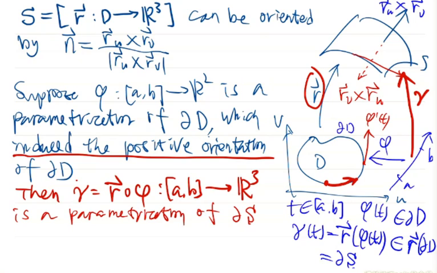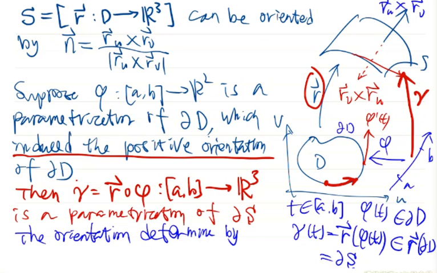So the orientation determined by this gamma, by this parametrization of the boundary curve, is called the induced orientation on the boundary curve.